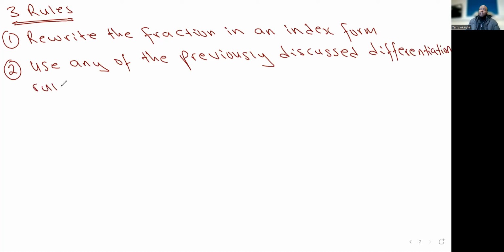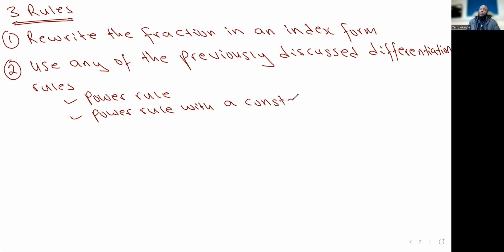So usually the one that usually applies is the power rule, okay? The power rule is one of the ones that usually apply. The power rule with a constant. I've talked about this earlier. So usually these are the 2 most important ones that usually apply when you're differentiating simple fractions.